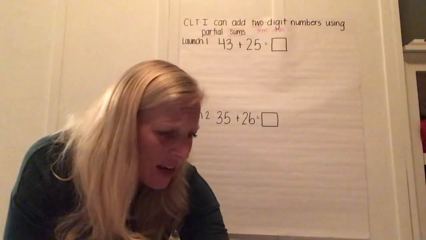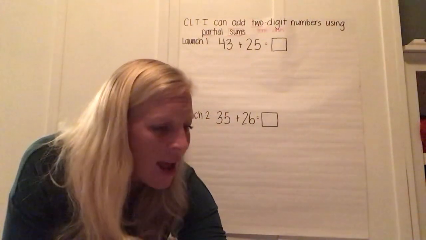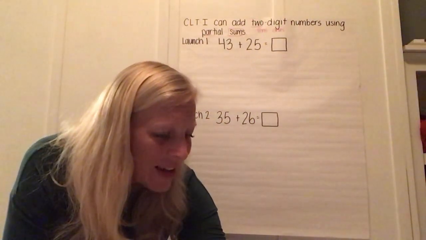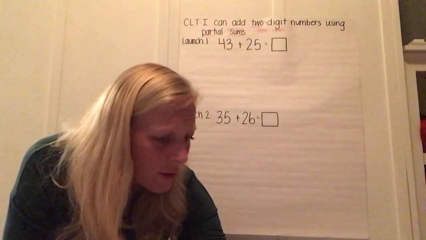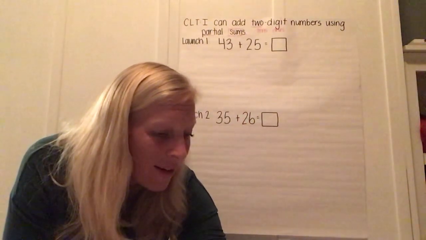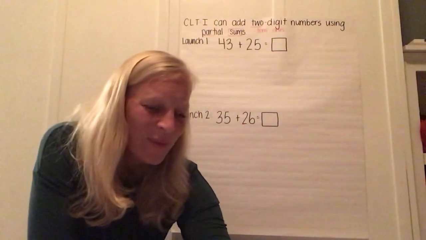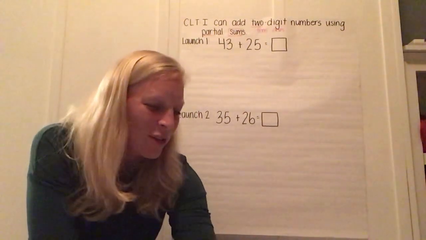What did you add together first? And then what did you add together next? What did you add next? How did you find your total? So what was your first part? And your second part? And now your total?